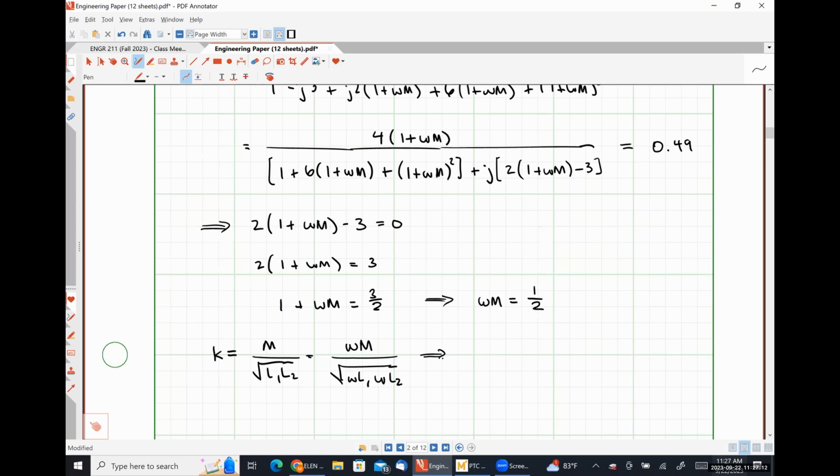So that's just going to be one half over the square root of omega L1 is 1 ohm and omega L2 is also 1 ohm. So 1 times 1 is 1 half.